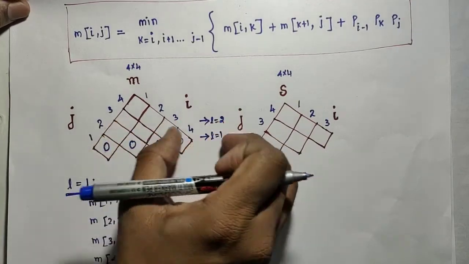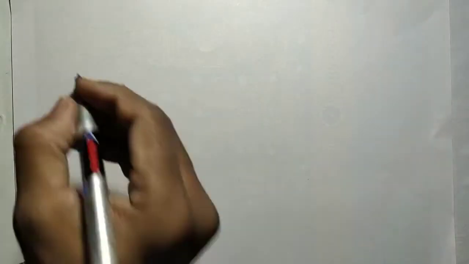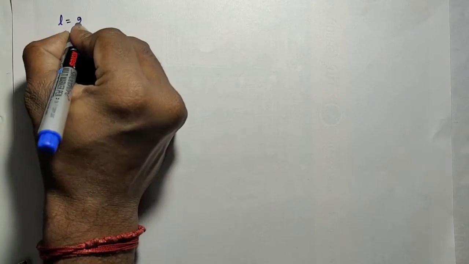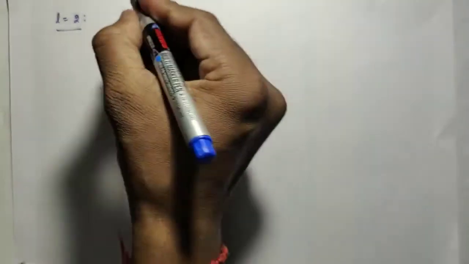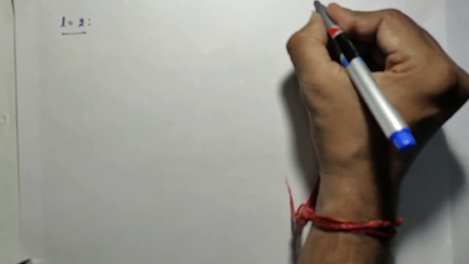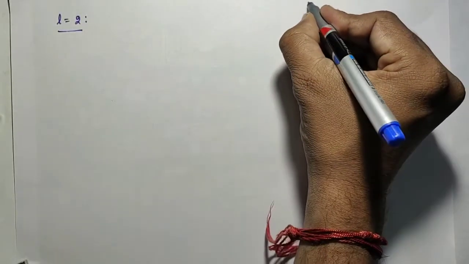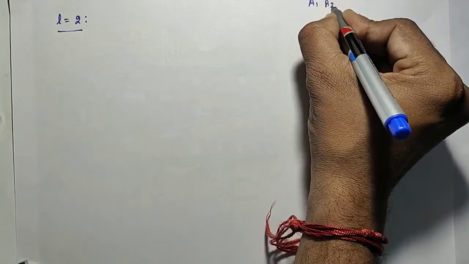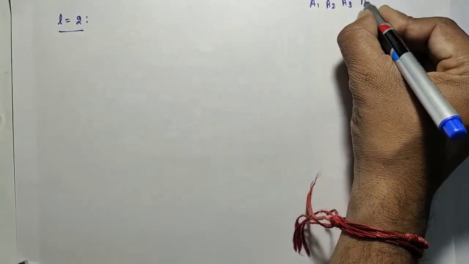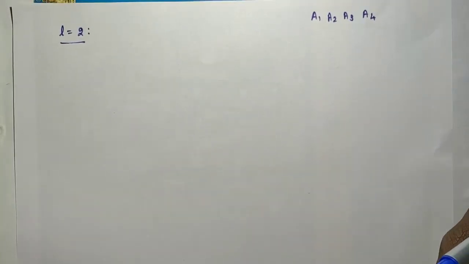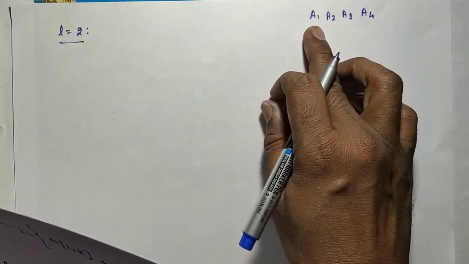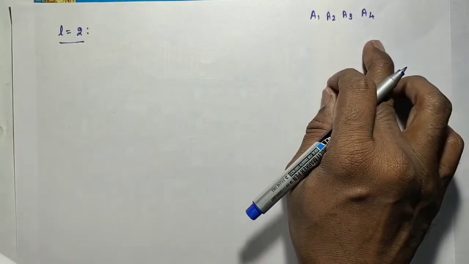The series is A1, A2, A3, A4. We are not going to change that order, correct? The order of the position of those matrices.